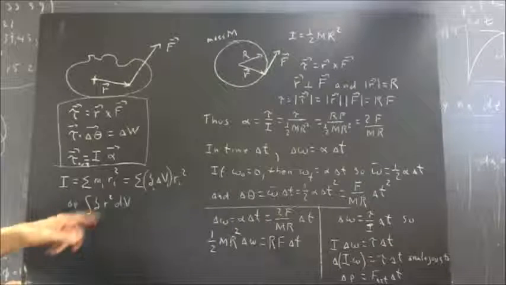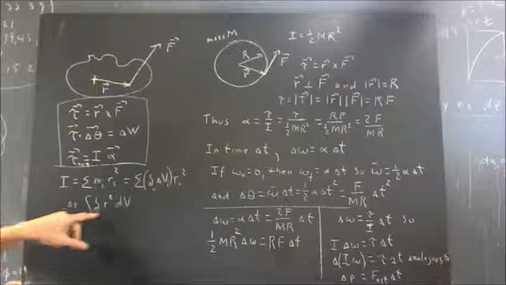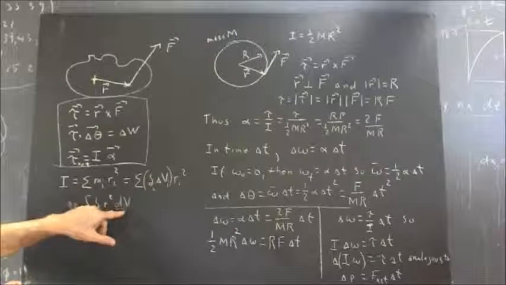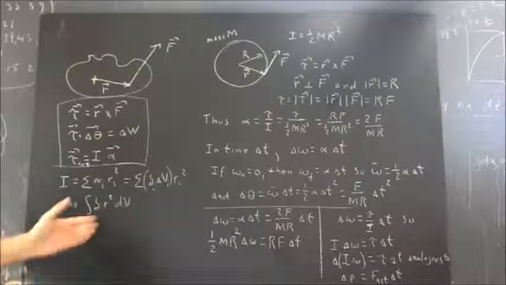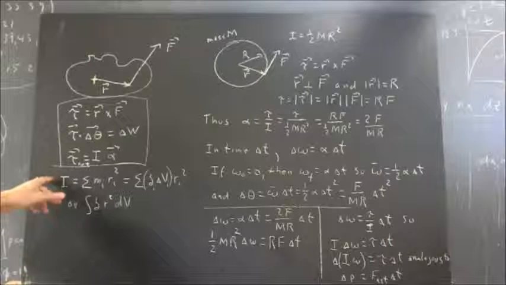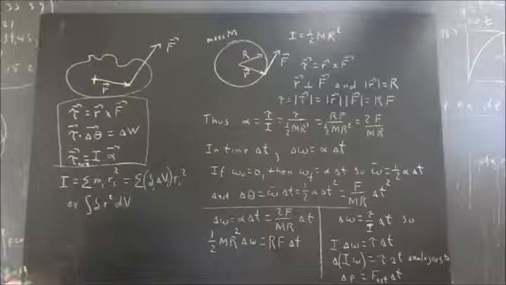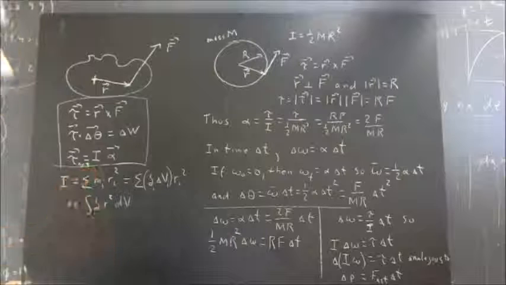And that leads us in a limiting process to the integral of rho r squared dV. Now we'll talk more about this type of integral, but that's how we integrate to get a moment of inertia. I'll have to do some examples of that.